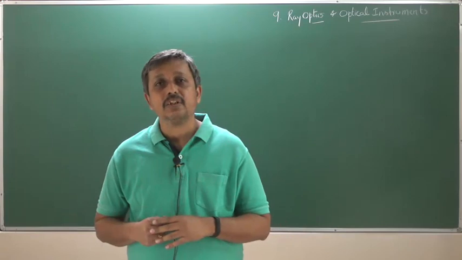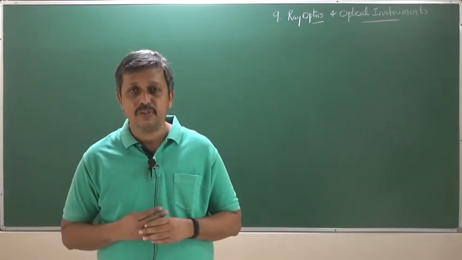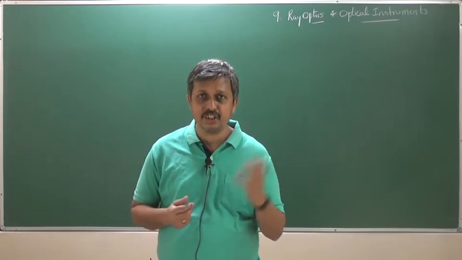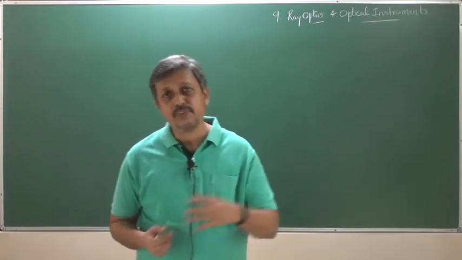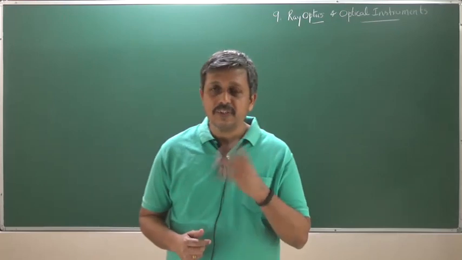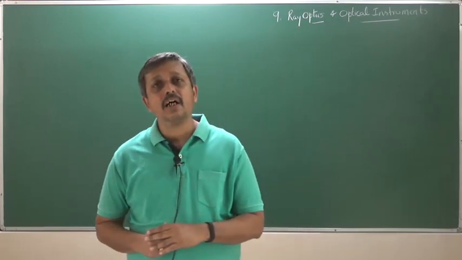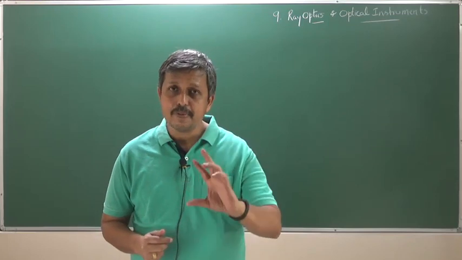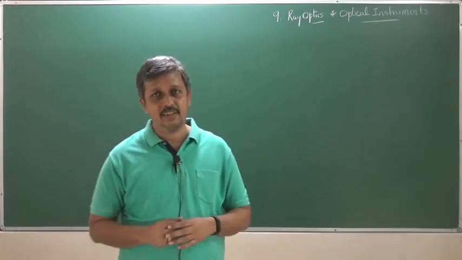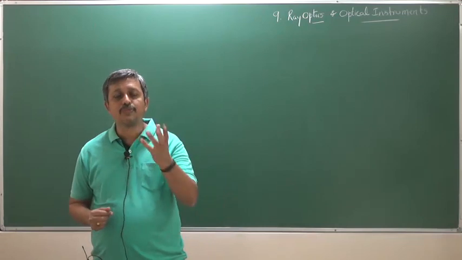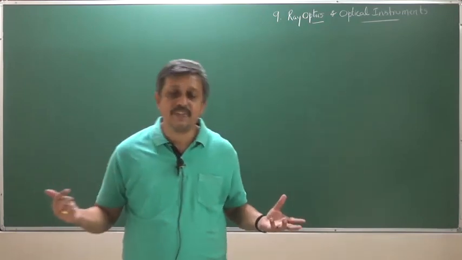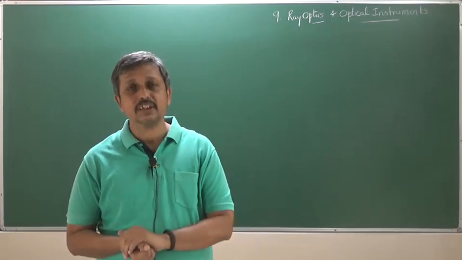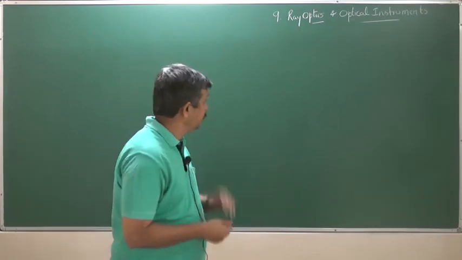Then we will go into wave optics and look at electromagnetic wave theories, radiation, and the dual nature of light. The first step is to go back and look at what we have done and develop some quantitative methods on that, develop some proofs. Let us say we have taken some formula for granted. Now let's actually try to prove that formula. Those kinds of things we are going to do in this chapter.